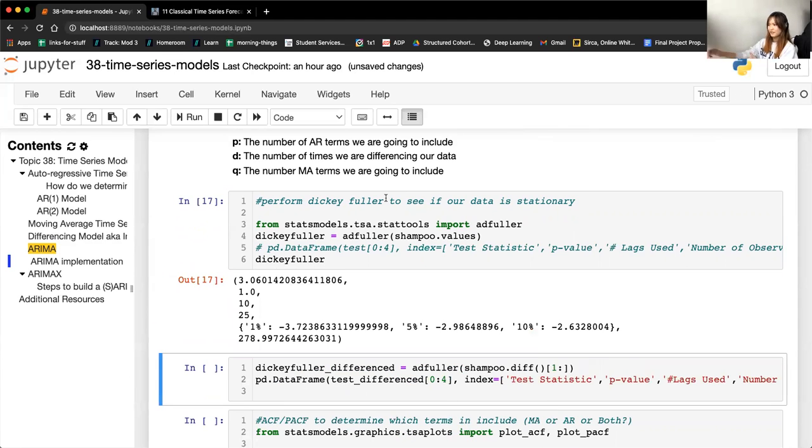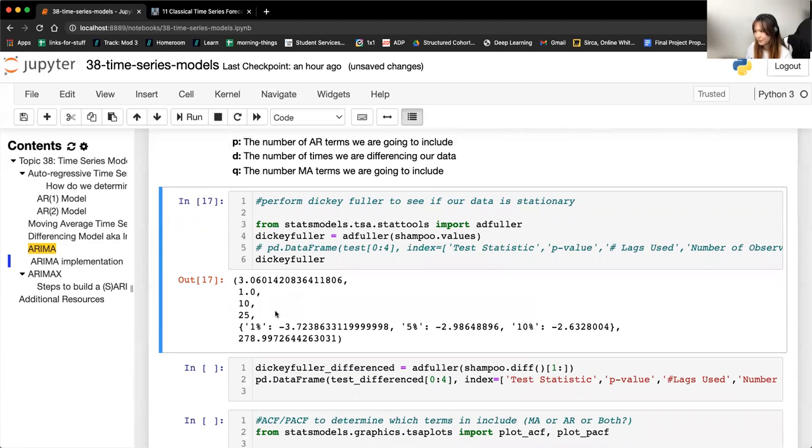All right, so here we do have our values. What I meant to do here is coerce that into a data frame so it's a little easier to read. But if you look up the adfuller documentation, it'll tell you that this is your test statistic, this is the p-value, the number of lags used, the number of observations you have, and these are your values at different critical values.